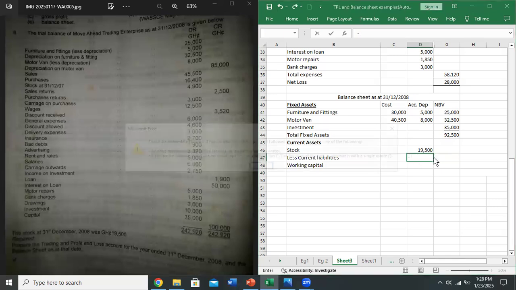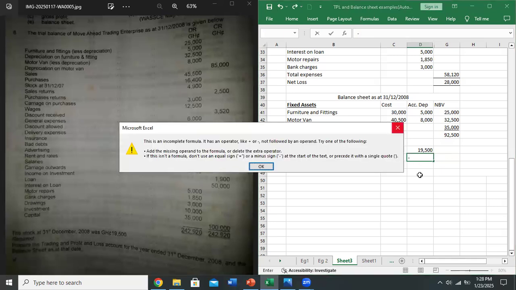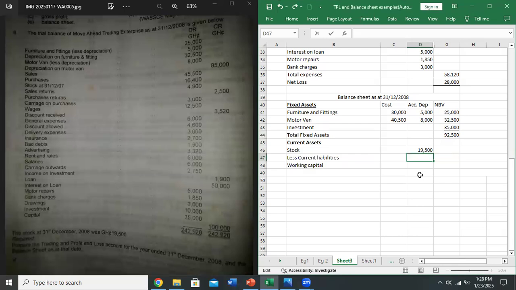So our working capital will be 19,500. We add it to the total fixed asset to get our net total assets, which will be 92,500 plus 19,500.